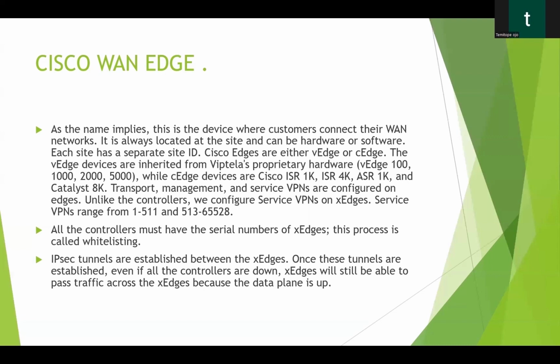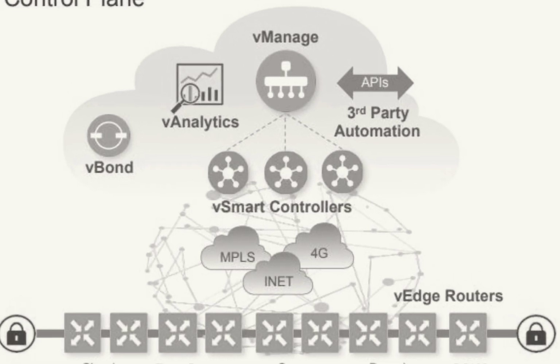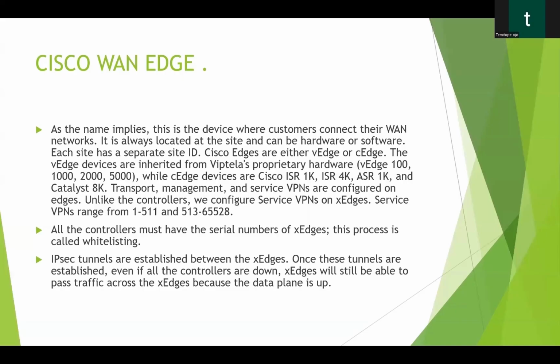So once these tunnels are established, even if all the controllers are down, once the tunnels are up, service VPN traffic is transported. Even if controllers are down, vBond gone, vSmart gone, vManage gone, your services will still be up.